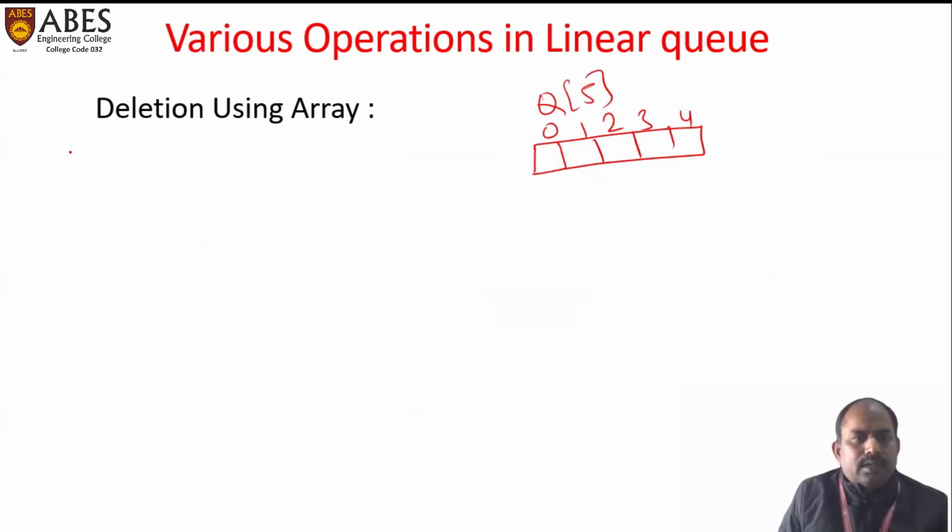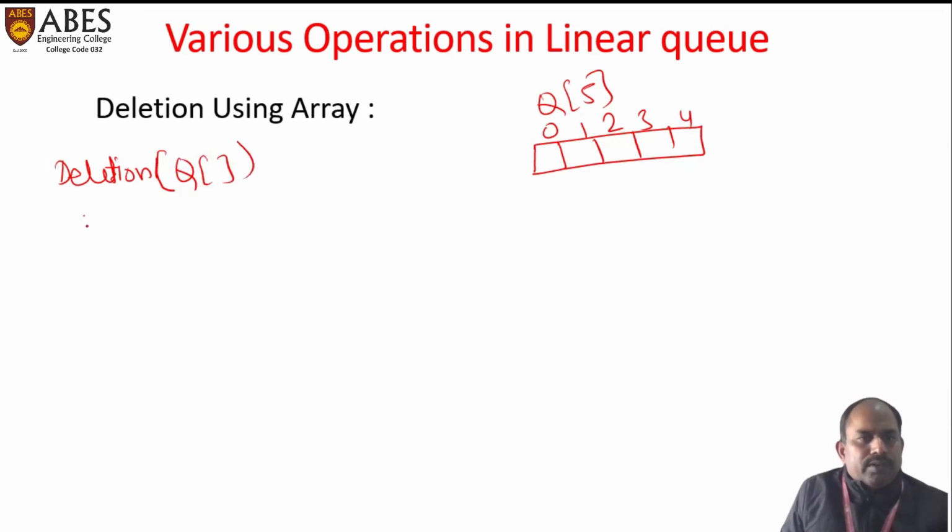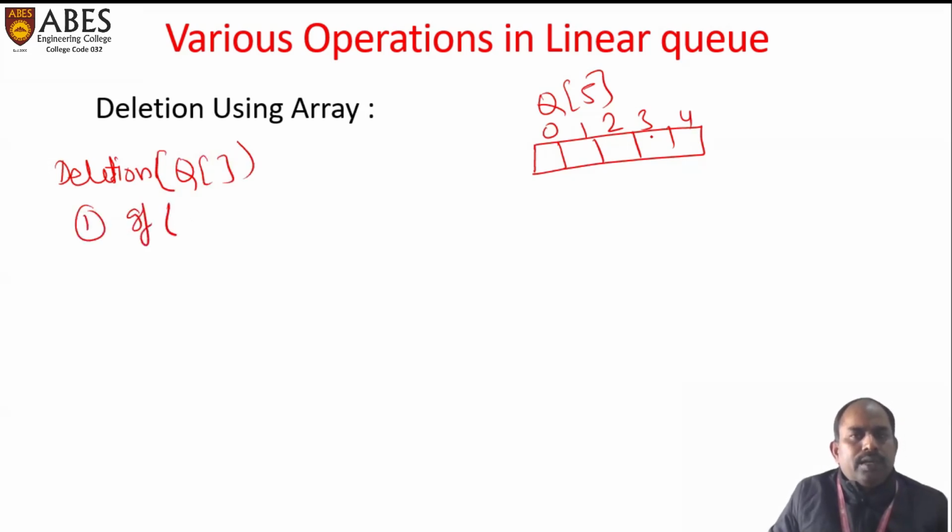So in this deletion algorithm, we write deletion of Q. In the first step, if there is no element, it means front and rear are both at -1.